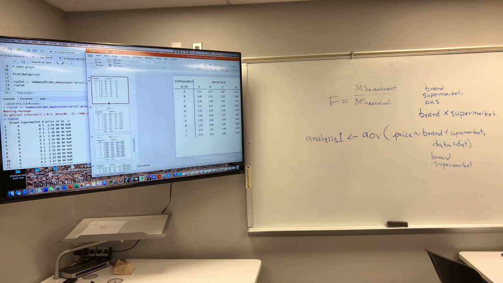What has it produced? In brand A, we have supermarket A, B, C, D, E, F, G, H, I, J. What are the numbers there? 2.43, 2.48, 2.38, 2.4, 2.35, 2.43. What's the sample size for each of these things in your summarySE output? It's a sample size of 1. You can't have within sample variation.